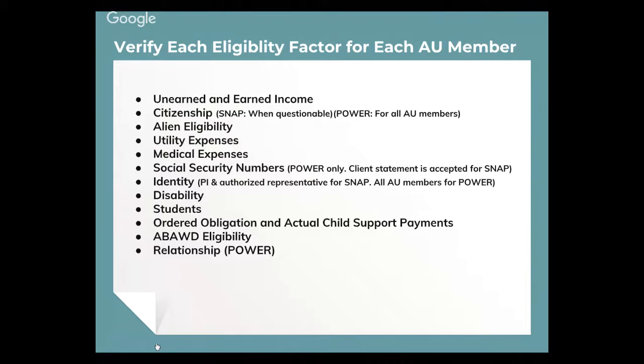And then ABAWD eligibility, again, with the work registration, the disability, all of that ties in together. And also relationship, when we're looking at the Power program, we need to know what the relationship is between the assistance unit members. So those are just some of the items that we may need to verify, or we do need to verify when we're looking at SNAP and Power eligibility.